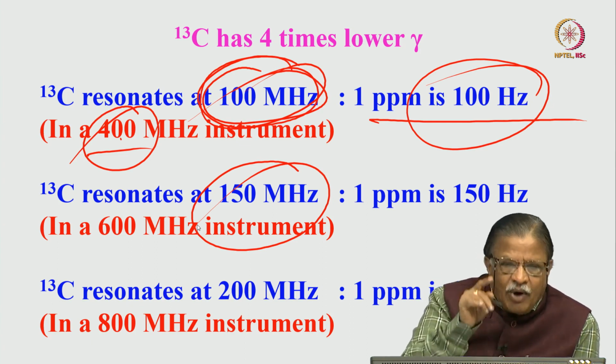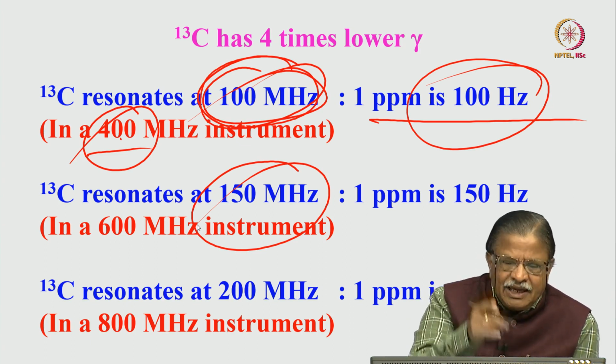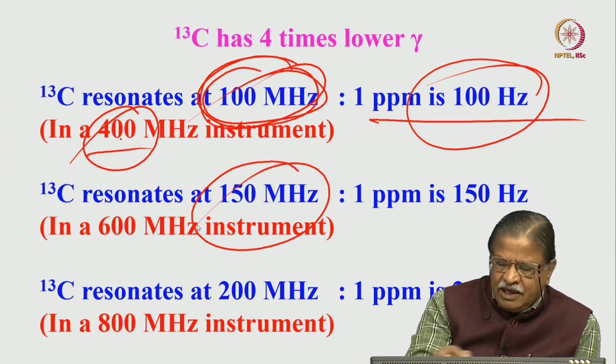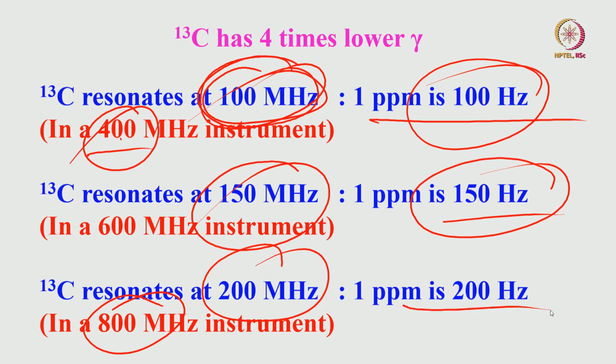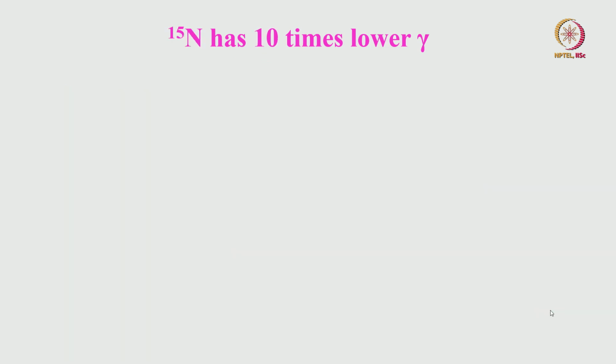That means 1 ppm for carbon is 150 hertz. The relation is very simple. It goes by the ratio of the gamma, which is 4 times smaller. As a consequence, 1 ppm compared to proton is also 4 times smaller. Again, at 800 megahertz, carbon 13 resonates at 200 megahertz and 1 ppm is 200 hertz. It is very clear now.